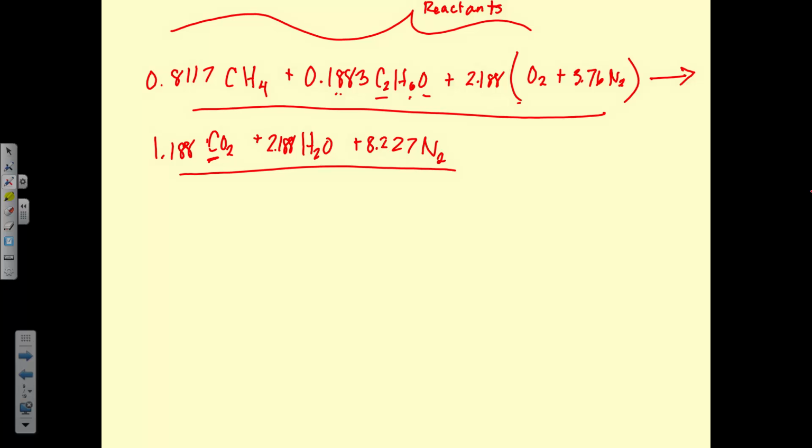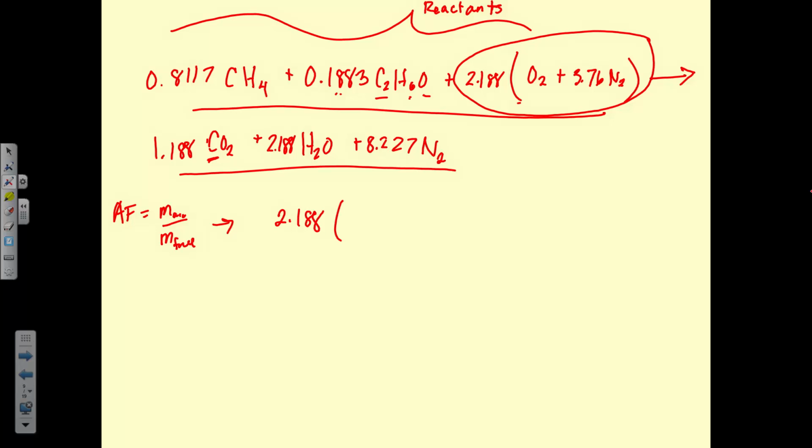Okay, so this is all leading us to be able to find the air-fuel ratio. So the air-fuel ratio is equal to the mass of the air divided by the mass of the fuel. So in order to find the mass of the air, we look at this part of the equation. So we have 2.188 multiplied by the molar mass of O2, which we looked up before was 32. And then 2.188 times 3.76 times the molar mass of nitrogen.